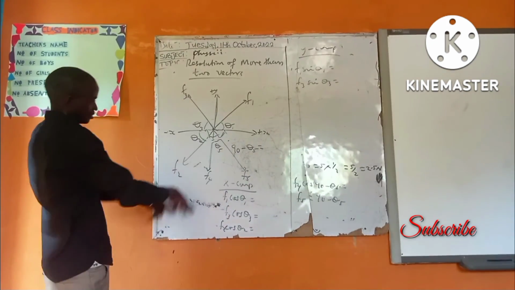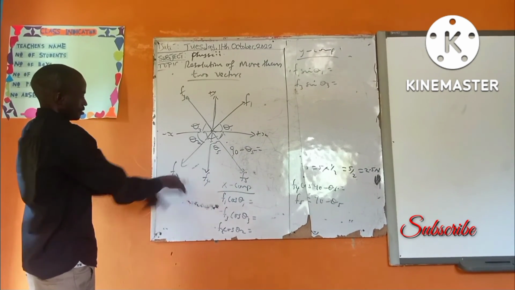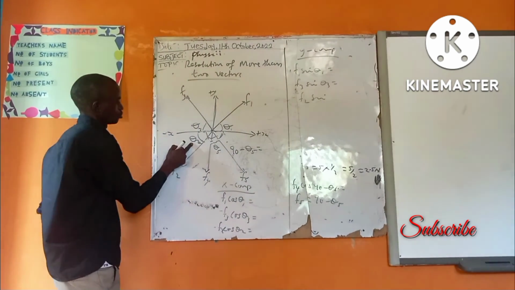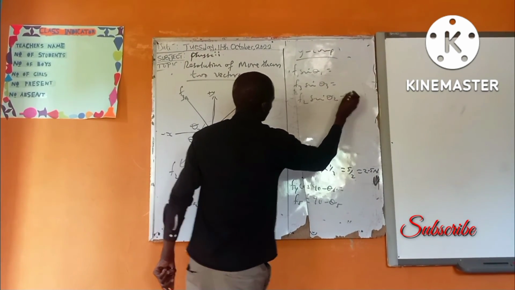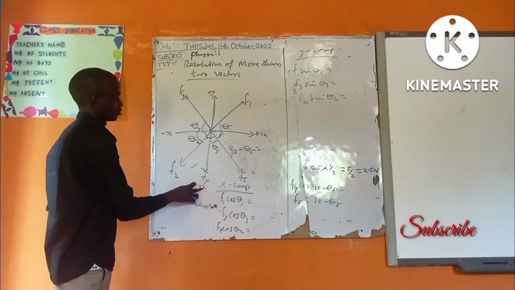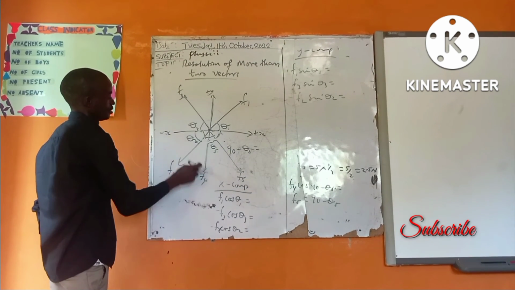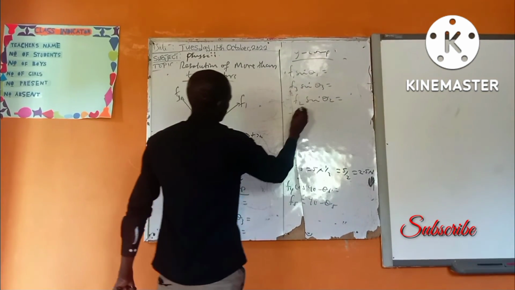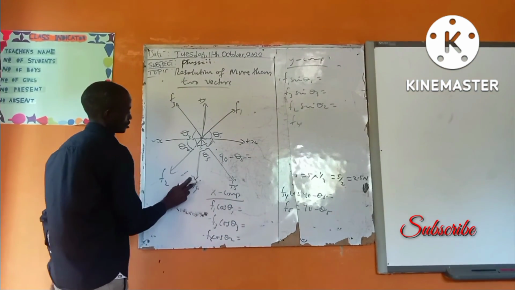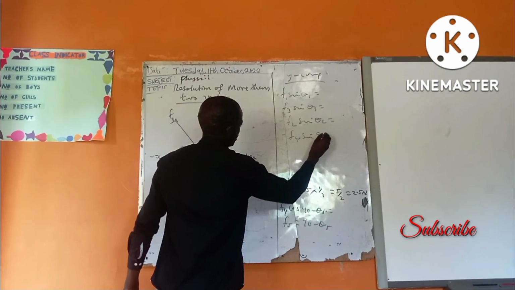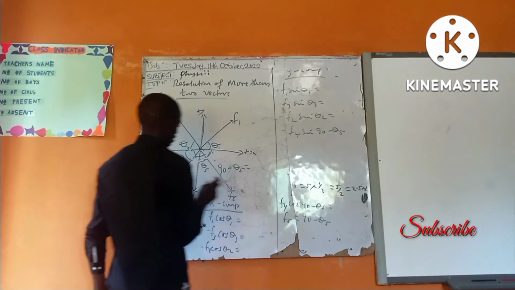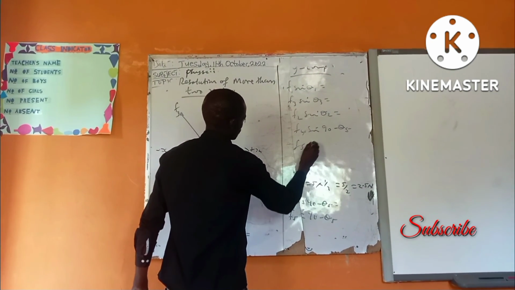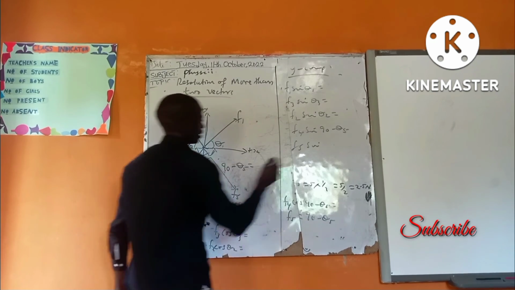Coming here is negative y-axis, so you have minus F2 sine theta 2. Coming here is negative also, because we are considering vertical. So we have minus F4 sine 90 minus theta 5. This and this will have the same angle, so here we have minus F5 sine 90 minus theta 5 also.